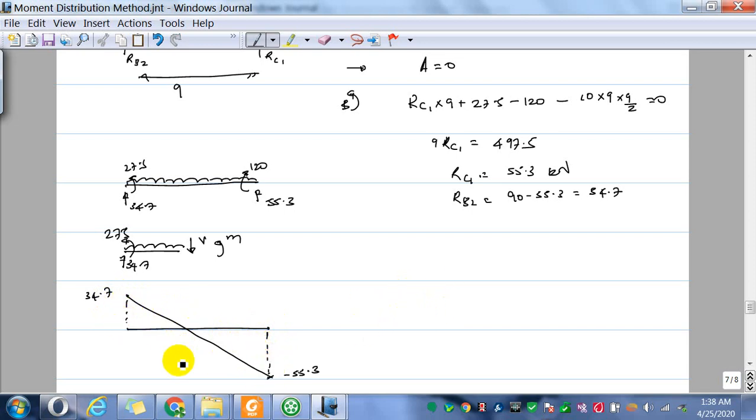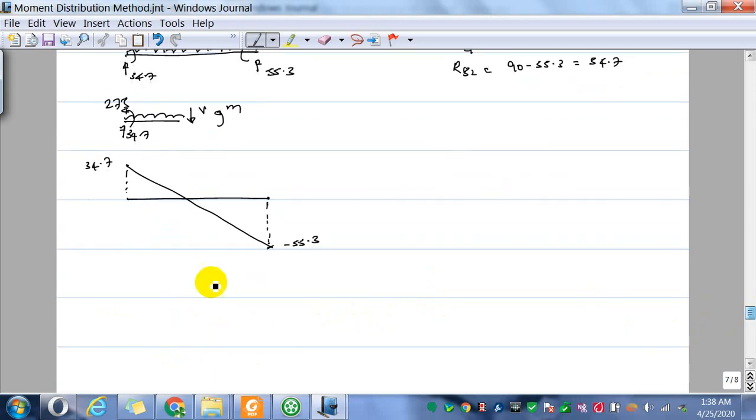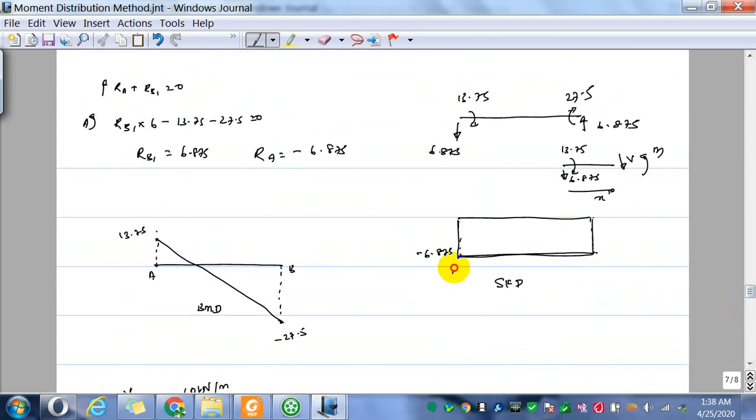And if you consider the bending moment diagram for BC, so now here this is AB.